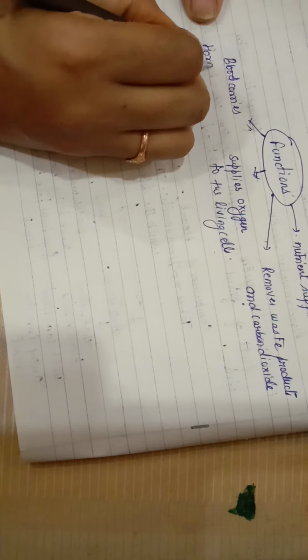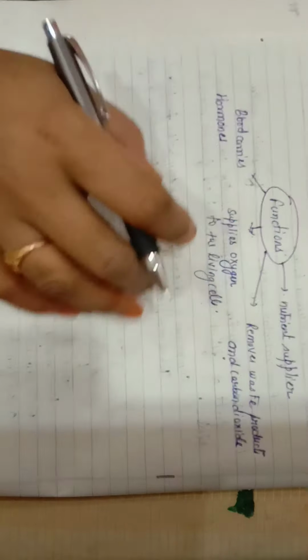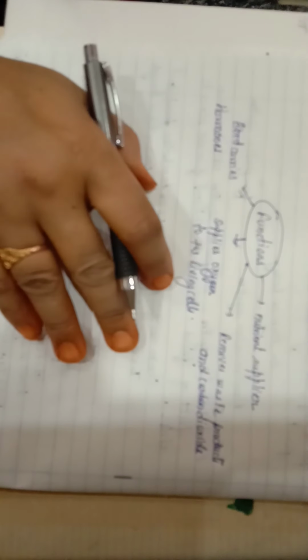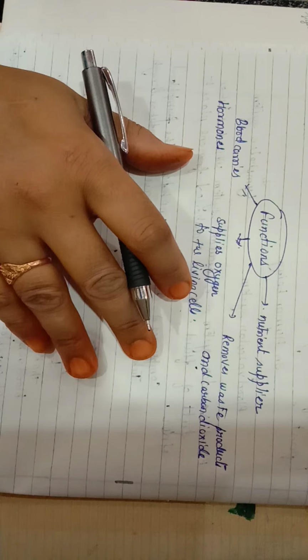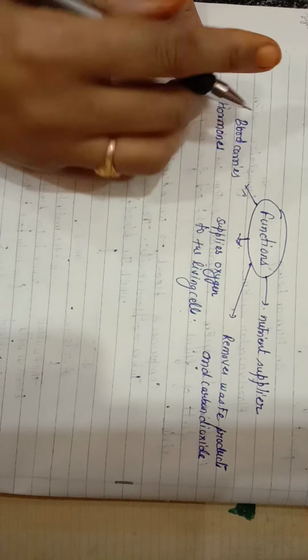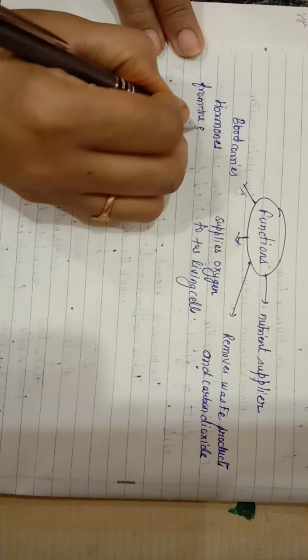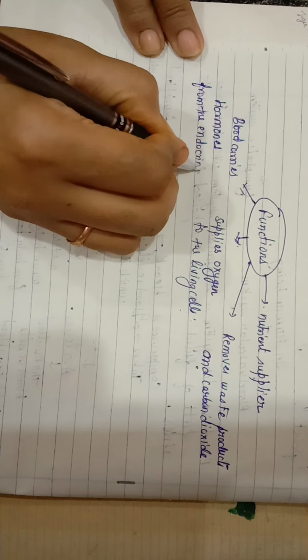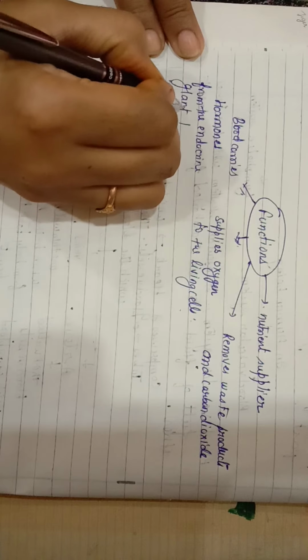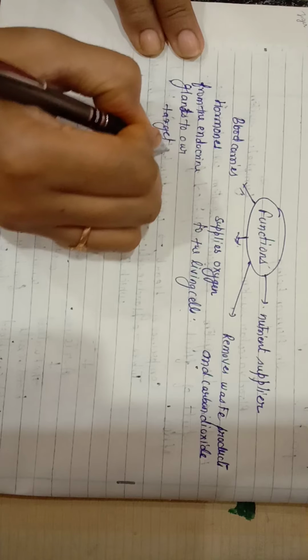Blood carries hormones. Do you know about hormones? These are chemical substances released by the various glands present in our body, and these hormones control various activities of our body. So the blood carries hormones from the endocrine glands to our target organs.